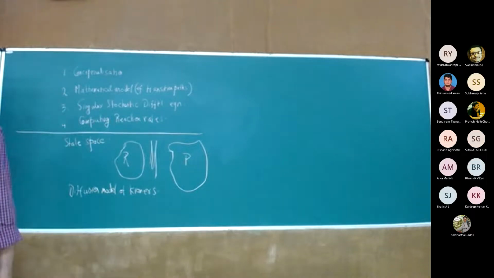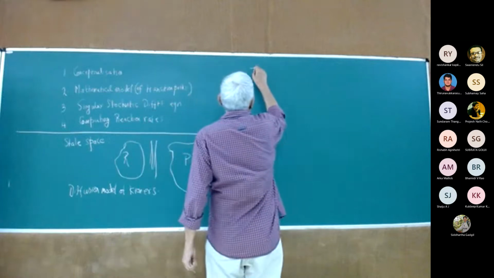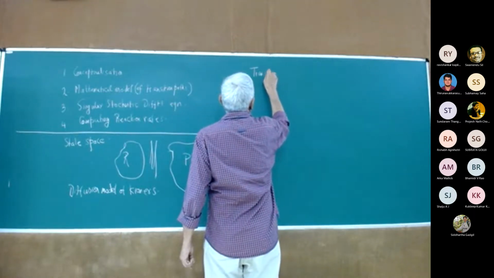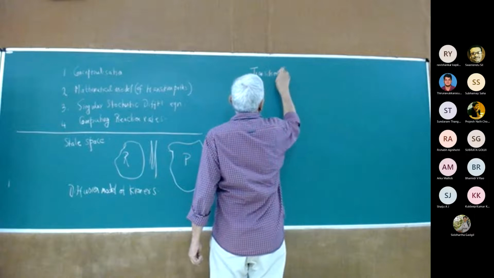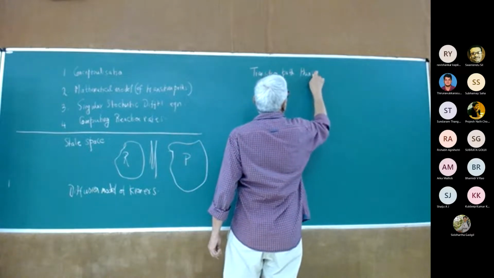And then people started studying the actual crossover process. This was described by what is called transition path theory.